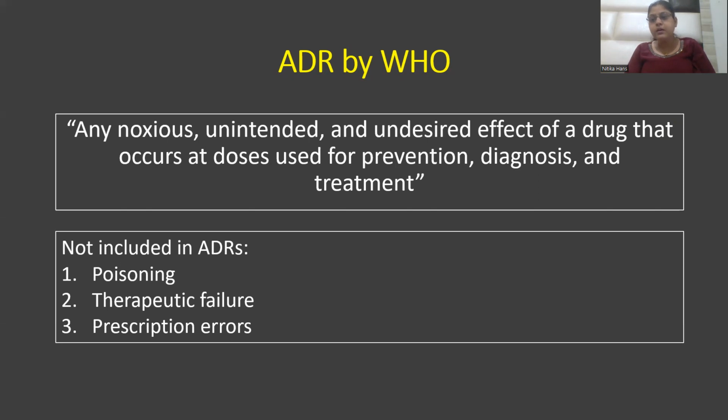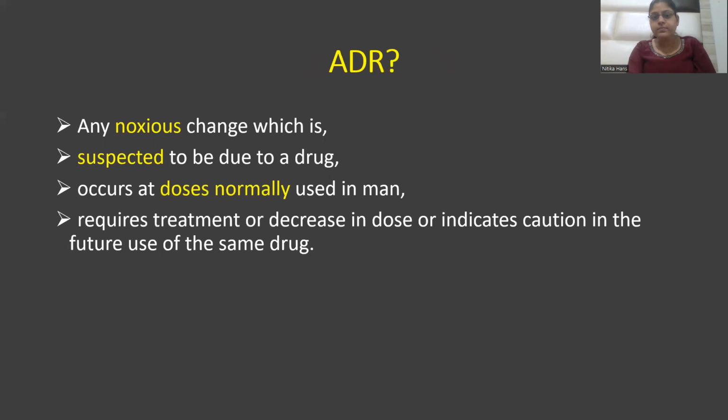At the therapeutic concentrations, the patient was taking the drug, and this unintended, noxious, harmful, undesired effect came. That is the adverse drug reaction. And it does not include overdose, that is poisoning, or underdose, that is therapeutic failure, or prescription errors. ADRs do not include poisoning, therapeutic failure, and medication errors.